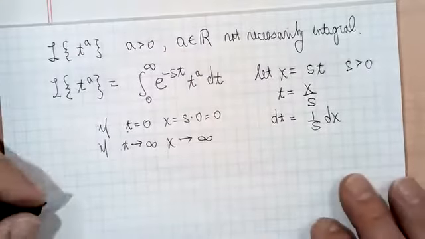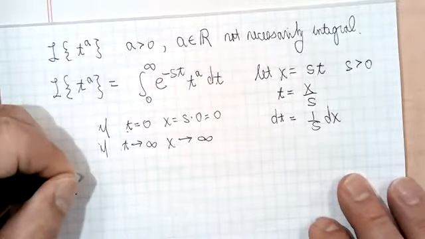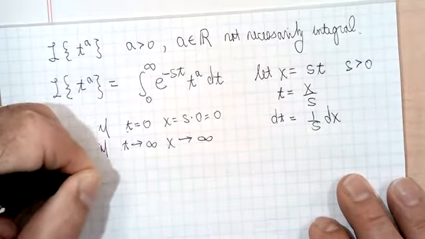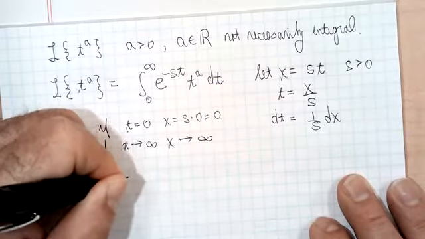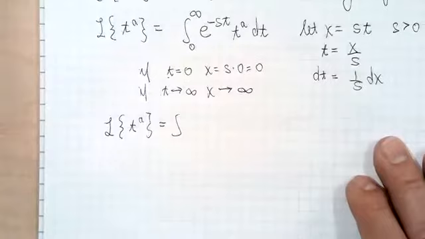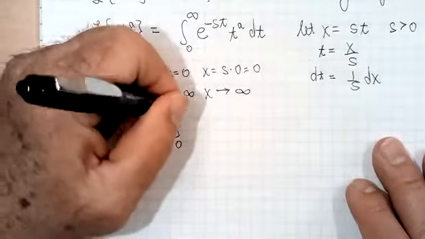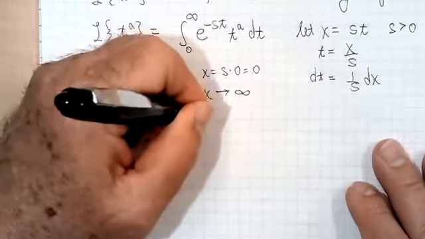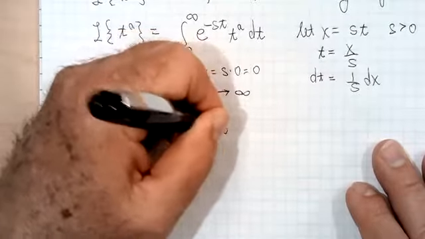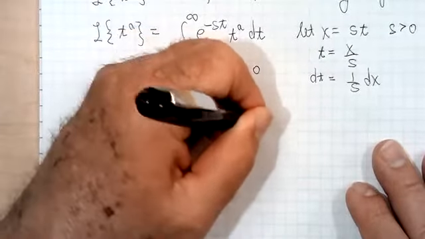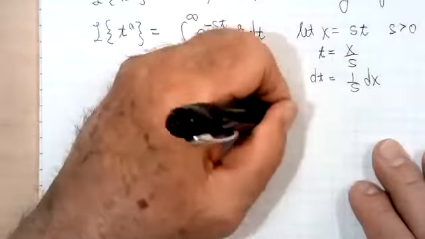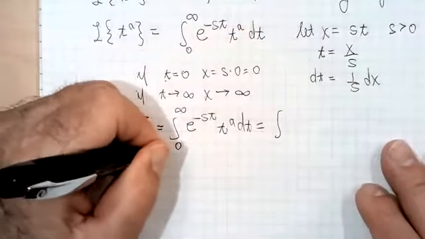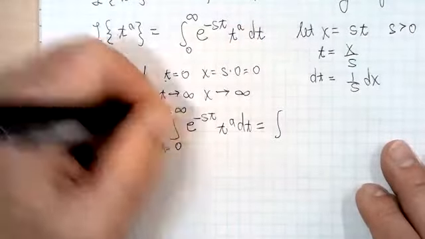So what that means is this: the Laplace transform of t to the a is the integral, and we're going to change variables in one step here. e to the minus st, t to the a dt. Well, that's equal to, now these are t limits, t equals 0, t equals infinity.